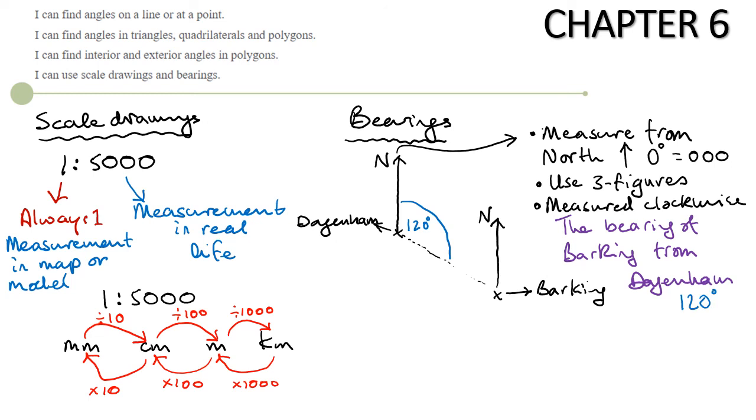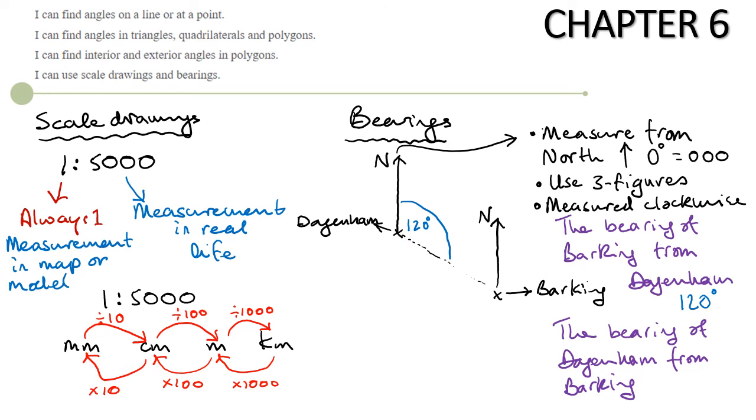Let's say I wanted to work out the bearing or the direction of Dagenham from Barking. In other words, what's the direction I need to go in to get to Dagenham from Barking? So now I'm starting here and I want to go that way.